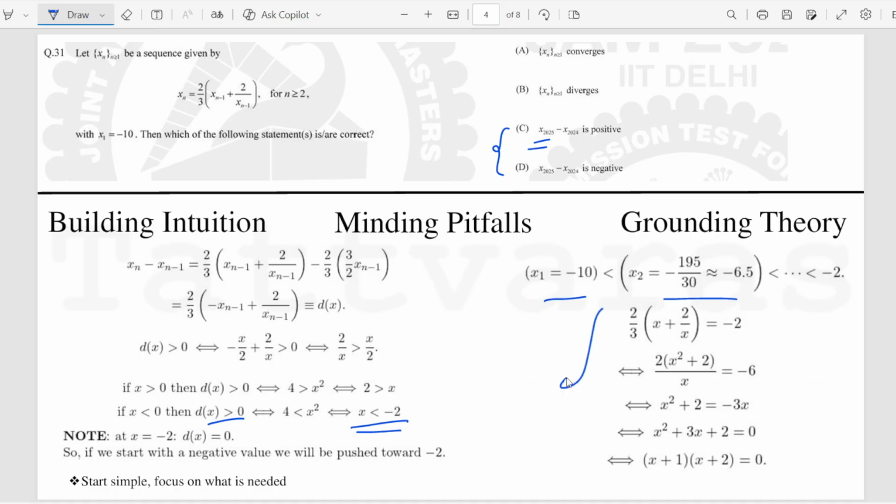But we analytically check that the only way this general sequence structure can be equal to minus 2 is if the input is either minus 1 or minus 2. So again, it is going in the direction of minus 2, but it is never actually going to touch minus 2. It's just going to get closer and closer and closer.